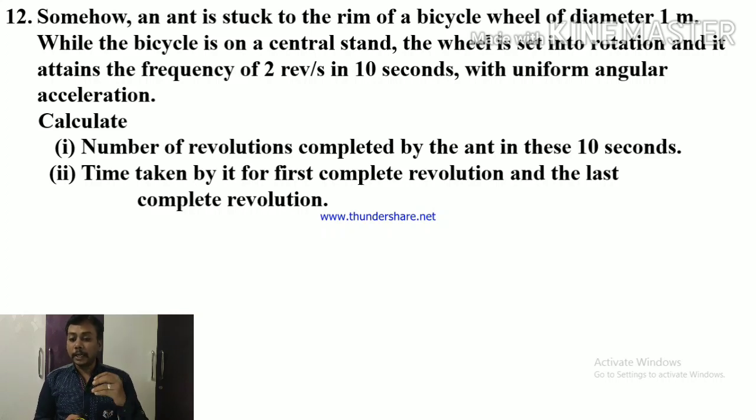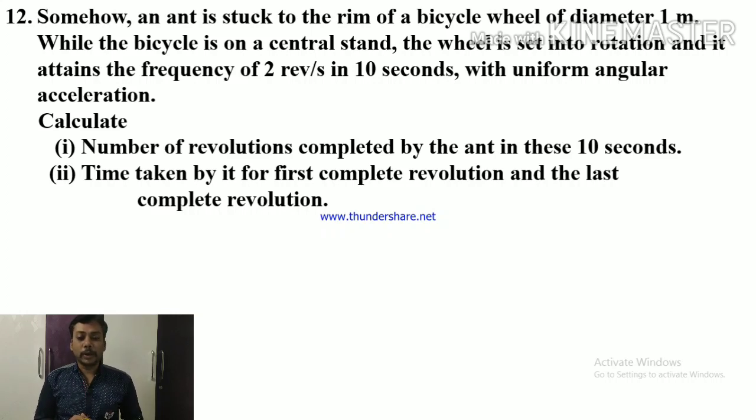Means after 10 seconds the wheel attains a frequency of 2 revolutions per second. Since the ant is stuck to the wheel, as the wheel attains the frequency, the ant also attains the same frequency, 2 revolutions per second, with uniform acceleration.